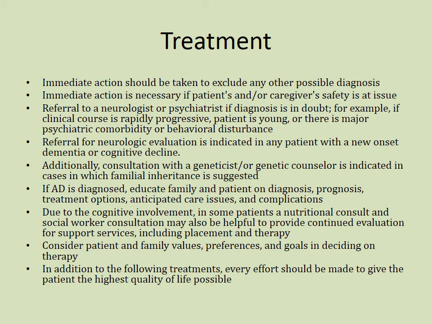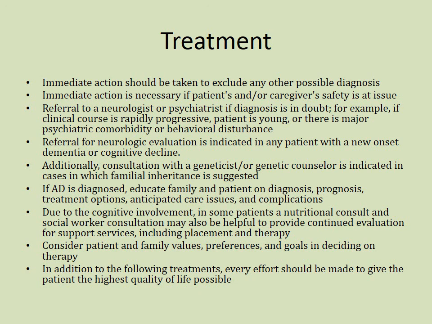Once AD is diagnosed, that is an ongoing education for the family and the patient on the prognosis and treatment options. It can be very detailed and very complicated. You can refer them to books. There's lots of information. This is most likely going to be a very long process.